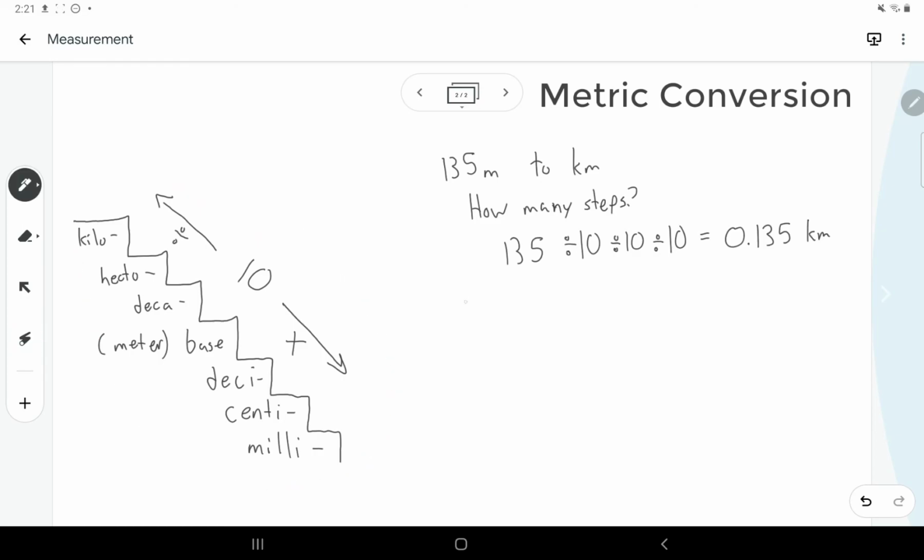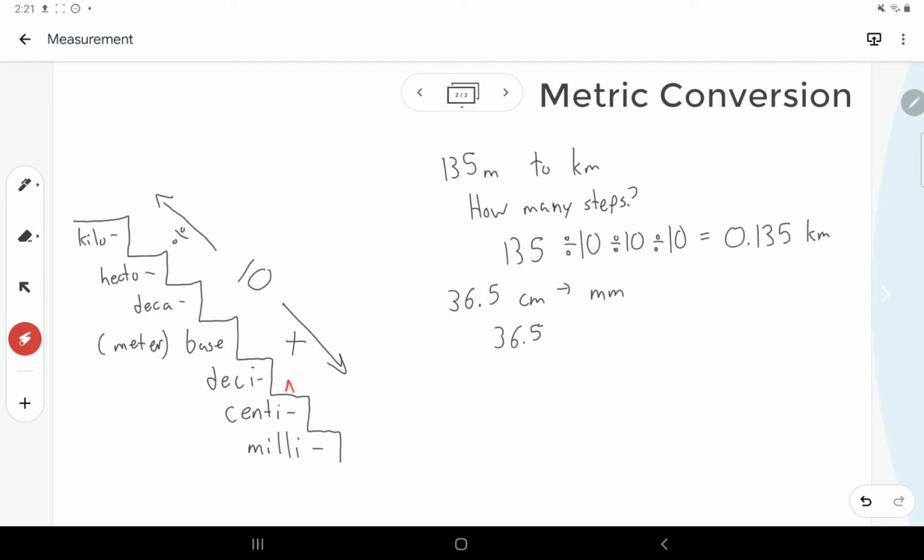Okay, so let's go the other way. Let's start not on meters. We'll take 36.5, so it's a nice decimal to play with here. And we'll take centimeters, and we want to turn that into millimeters. So we're going to take 36.5 and figure out how many steps that is.